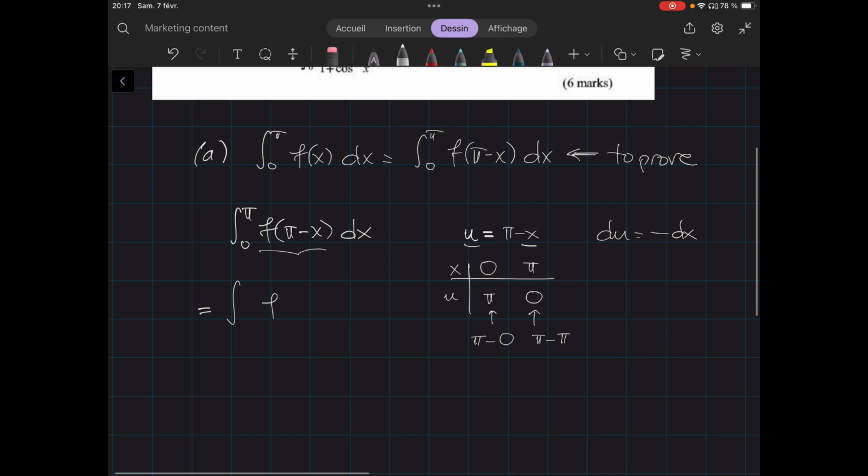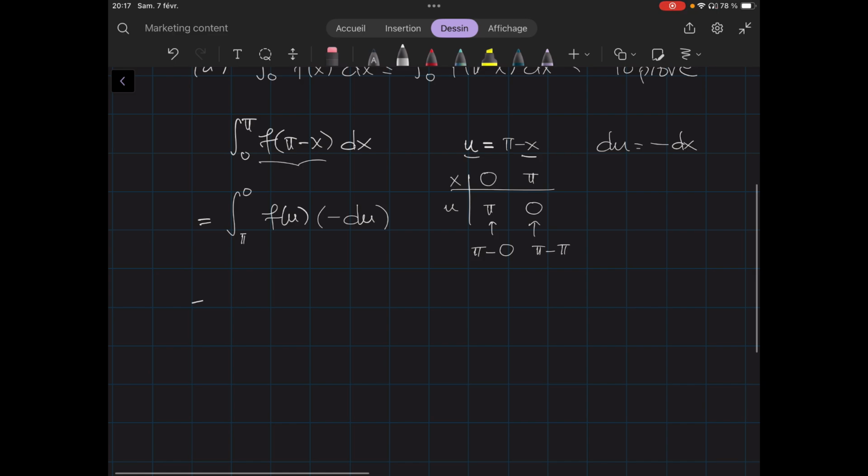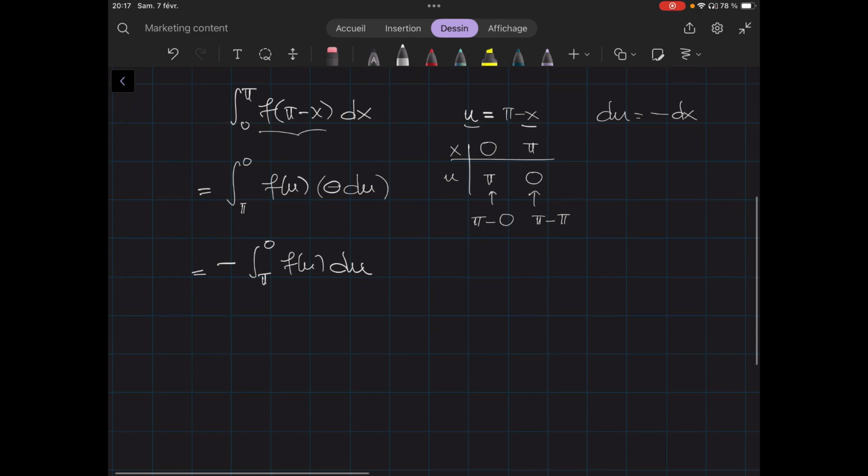This guy becomes f of u, lower bound, upper bound. Du is negative dx. We can take the negative in front of the integral and use this to then change the upper bound and the lower bound.